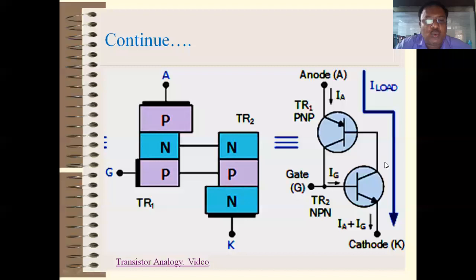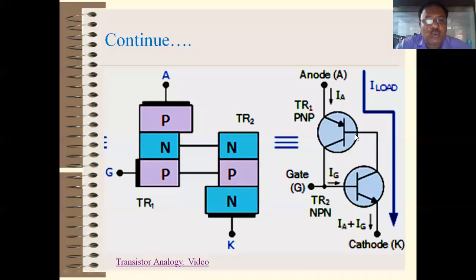Now IC2 equal to beta into IB2. Assume IB2 equal to 1 milliampere, that is IG, and beta is equal to 10, right? So IC2 equal to 1 into 10, that is 10 milliampere.